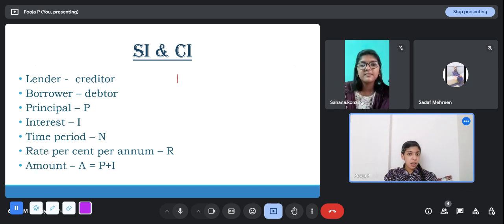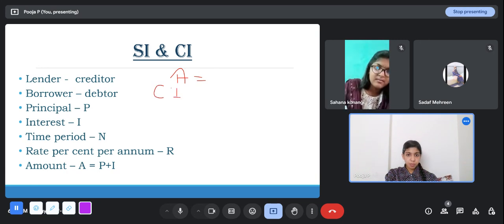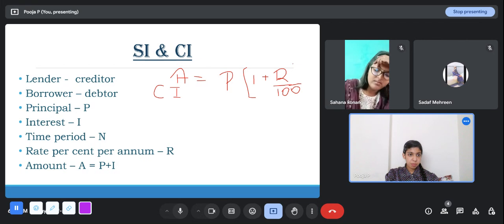So the total amount is supposed to be P of 1 plus R by 100, to the power of N or to the power of T. Alright, so this is the formula.